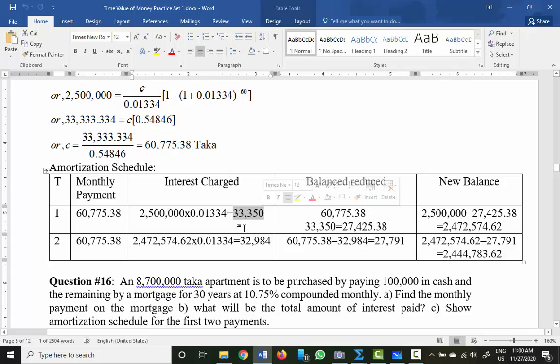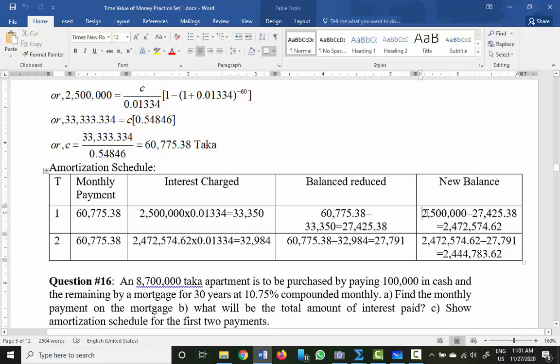So this is the amount you are paying, the first installment, and from that amount the bank will deduct the interest amount. After deducting the interest, the remaining amount will be used to reduce the loan balance. So this is the amount your loan balance will be reduced by.